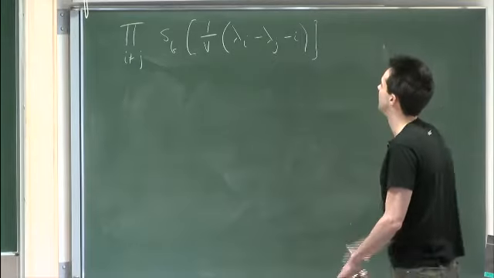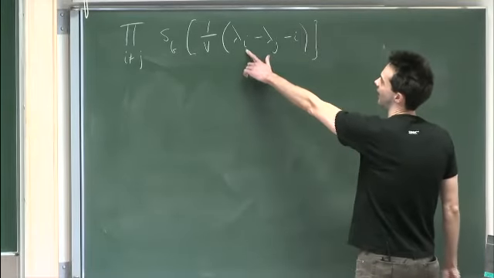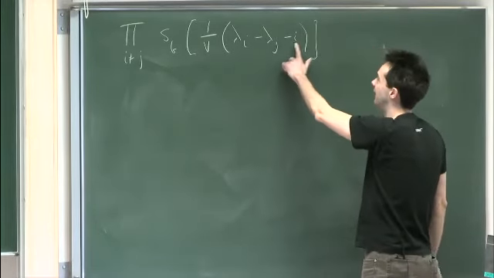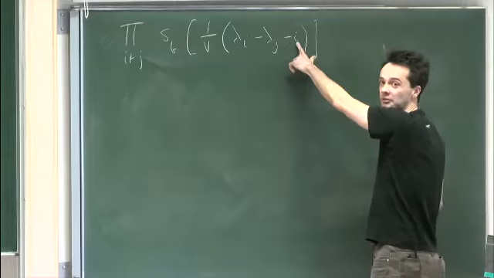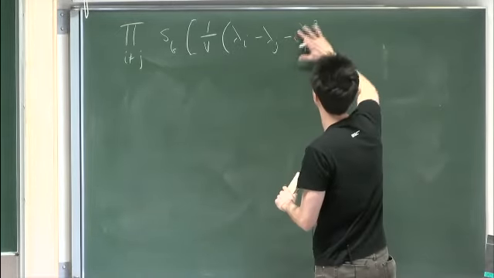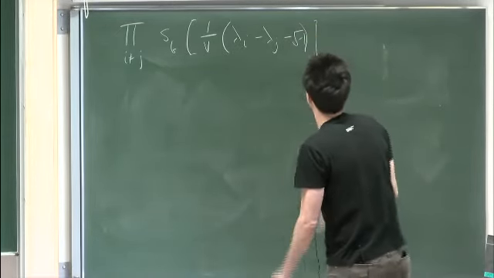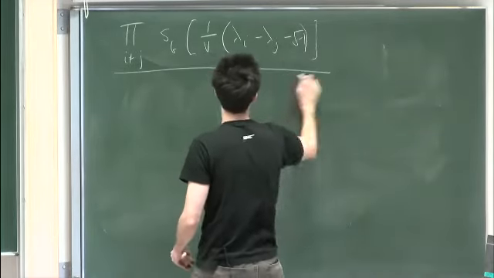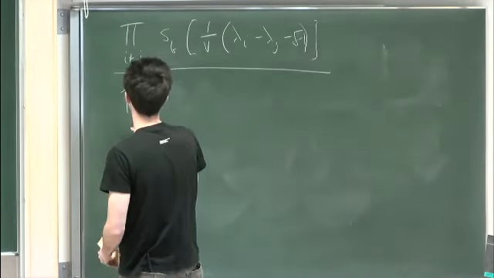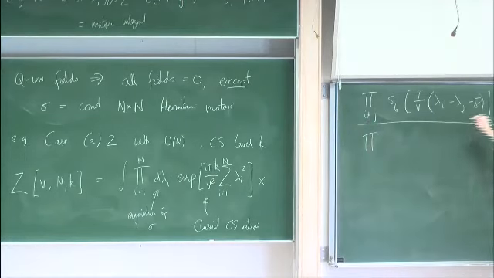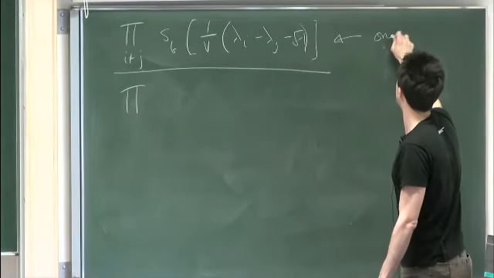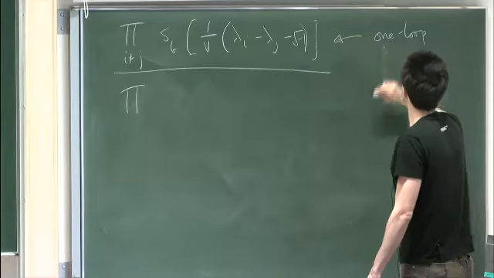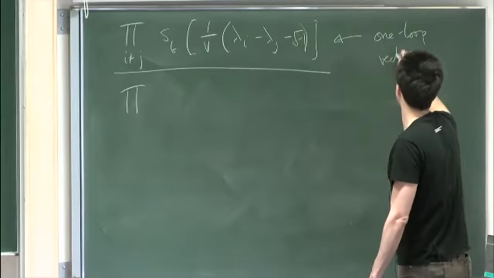So i is an index on lambda, and that i is the square root of minus 1. I'll be a mathematician and write square root minus 1. And then here I have a product. This comes from the one loop for the vector multiplet.